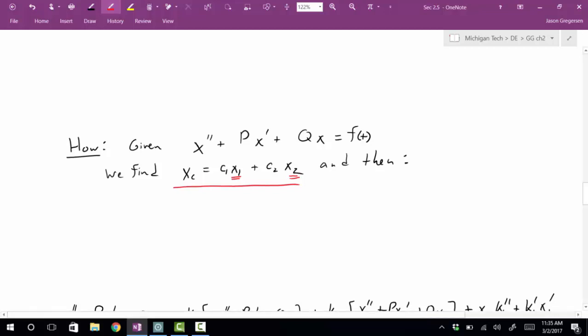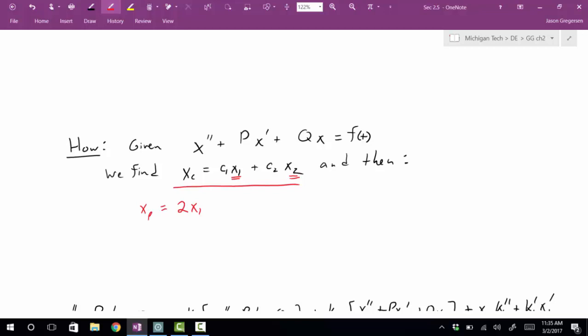And so my question would be, could xp equal 2 times x1? Would that be possible? Why not? Right. So when I plug that into my differential equation to check to see if it works, what am I going to get? 0, right?